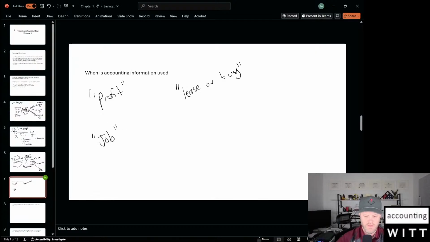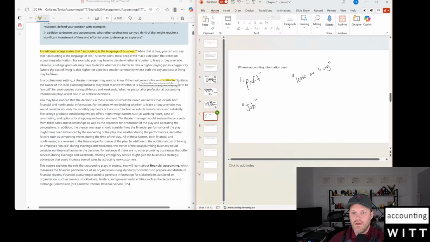Job. Okay. Decisions based on factors that include financial and non-financial. Okay, so this is going through each of those decisions and explaining how understanding accounting can help.